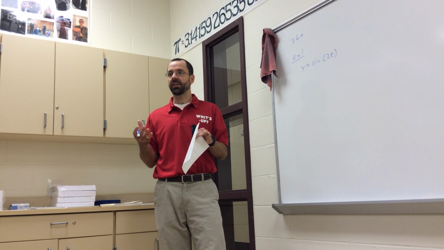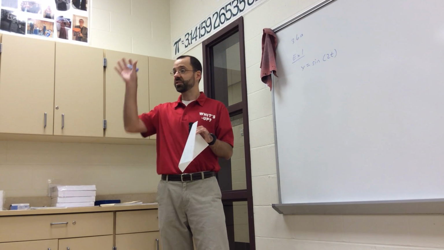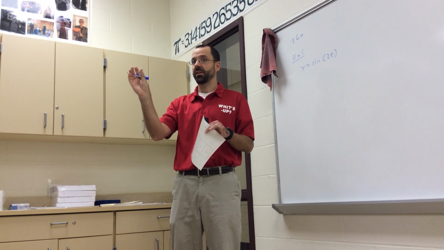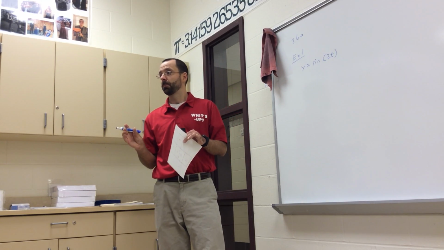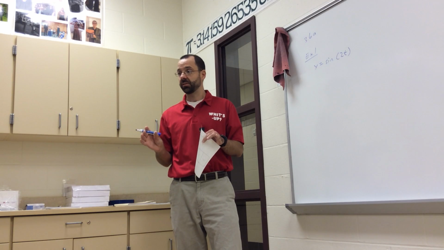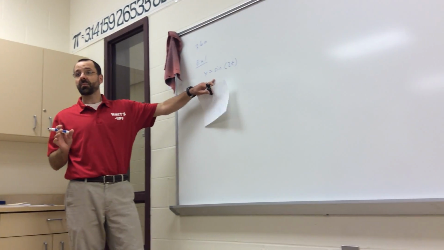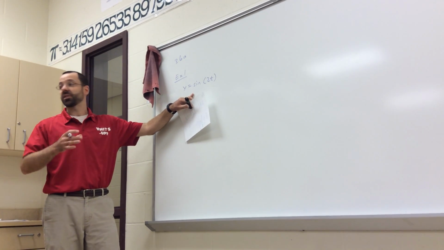Is everybody okay with that? It's a little bit harder. Okay, so we have sine of t, and then 2t is put in place of the t. So then you get the sine of 2t. All right, so that's why this is a composition. Inside function is 2t, outside function sine of t.